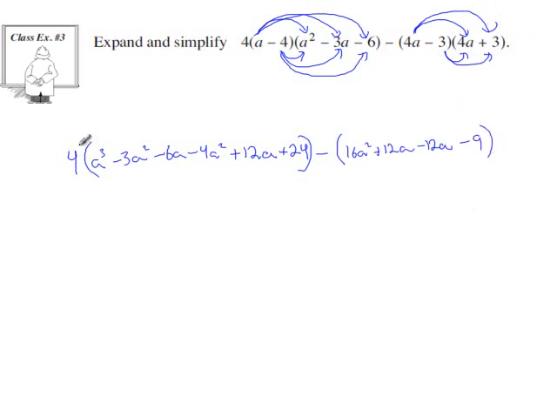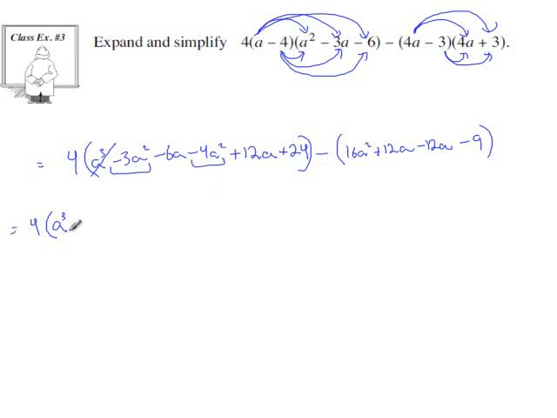Alright, so I still got one thing to multiply here, but before I do that, it'll be easier if I simplify inside the brackets. So look at both of your brackets and simplify inside the brackets if you can. So I still have a 4. Here I have only one a cubed term. My a squared terms, I see a negative 3a squared and a negative 4a squared.